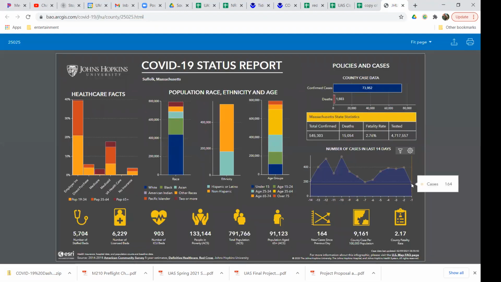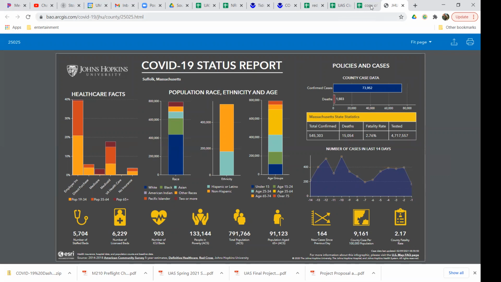So for instance, here's Suffolk County in the last 14 days as of February 10th. And you could enter the case numbers here. If you have a way to export them in a column format, you could just copy and paste them in. Otherwise, you can just type them in manually.